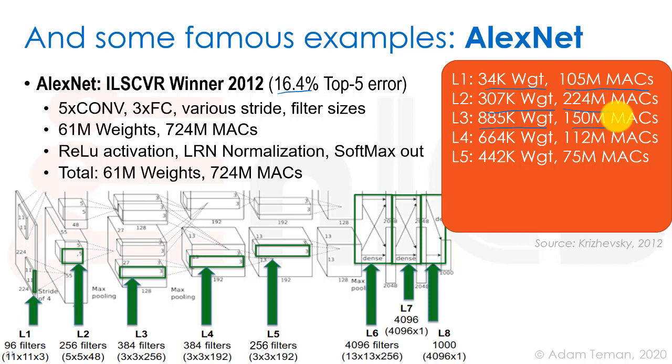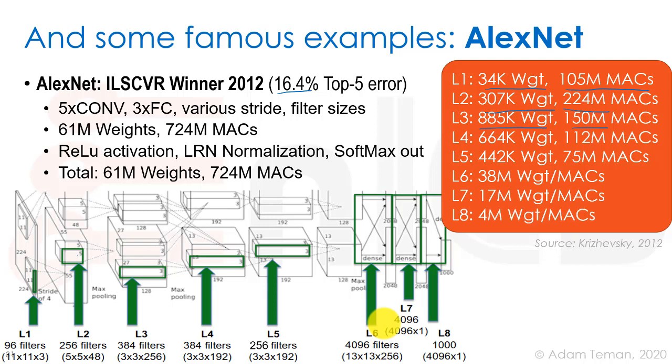Okay, this brings us to the fully connected layers. So L6 is already a fully connected layer with 4,096 filters, and that comes out to be 38 million weights and MACs. And L7 is 17 million weights and MACs, and L8 is 4 million weights and MACs. Okay, so you see that these things are already huge.